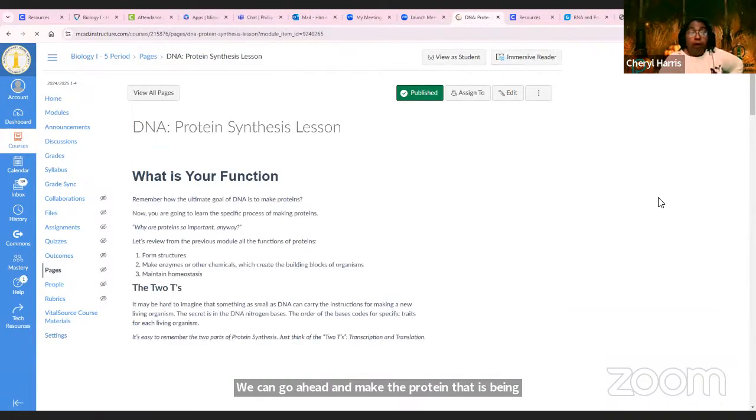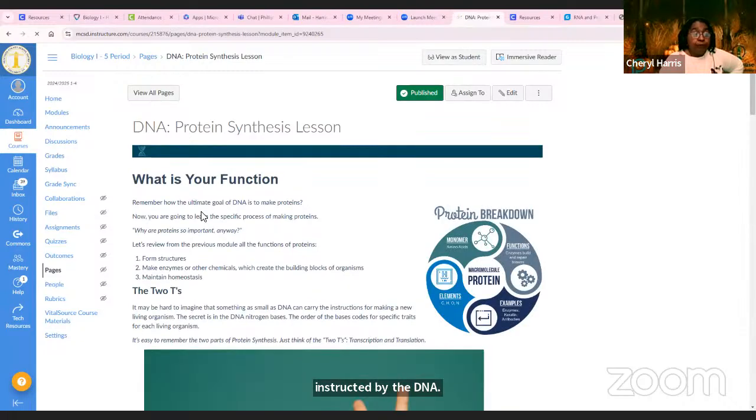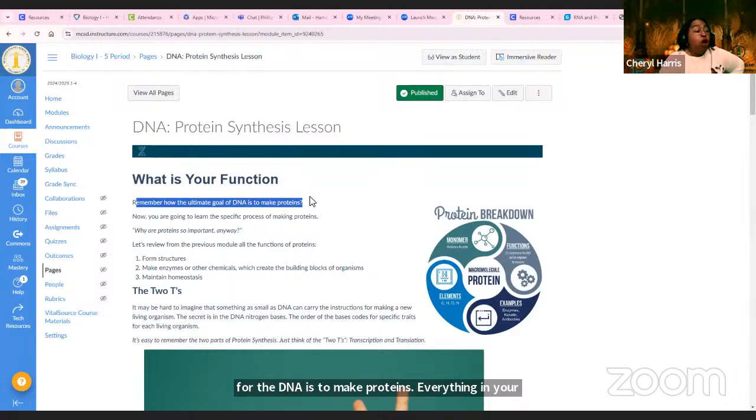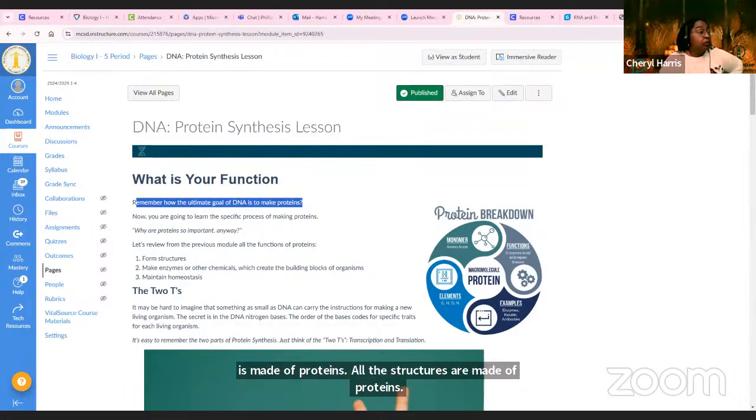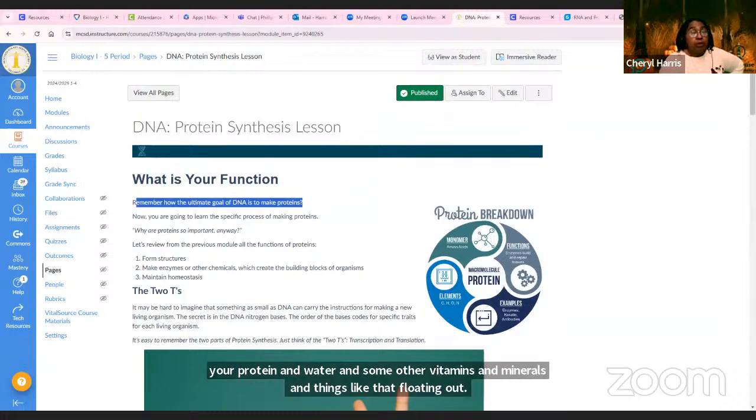All right, so if you're looking up here at the first line, it says that our ultimate goal for the DNA is to make proteins. Everything in your body is made of proteins. All the structures are made of proteins. So you have protein and water and some other vitamins and minerals floating about, but you're mostly protein and water.